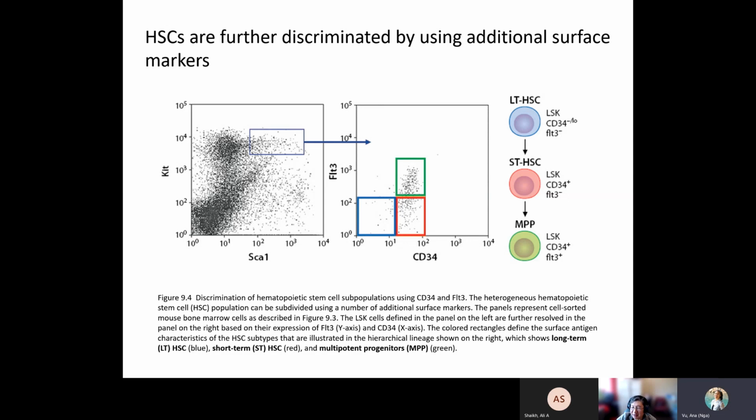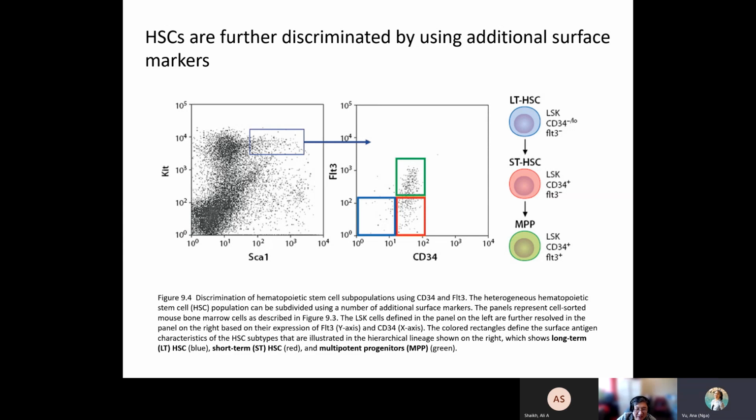But by doing experiments, you can refine the boundary. You can draw the line, capture the cells, put them into another individual and see their potential. And then you can move the boundary around. But as in many biological experiments, that boundary is not a solid boundary.